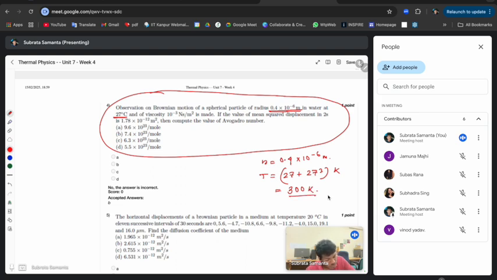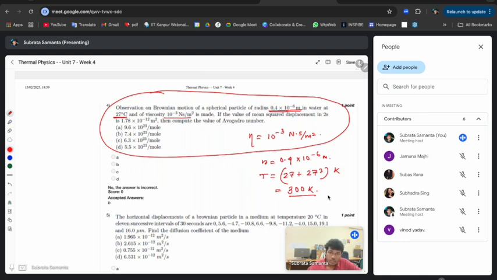And viscosity, in this case, is given in SI unit, right? So 10 to the power minus 3 Newton second per meter square, which is basically Pascal second.